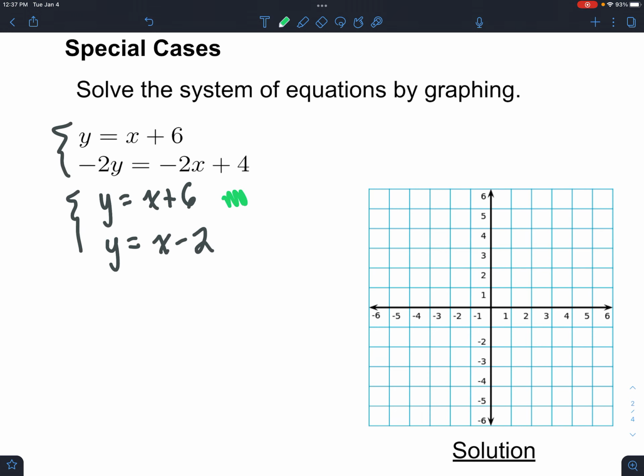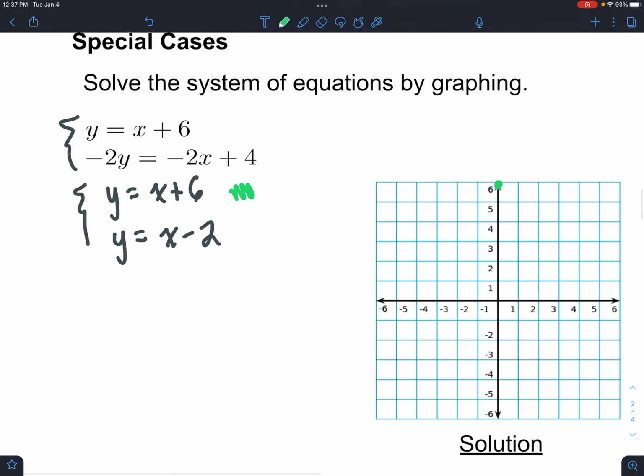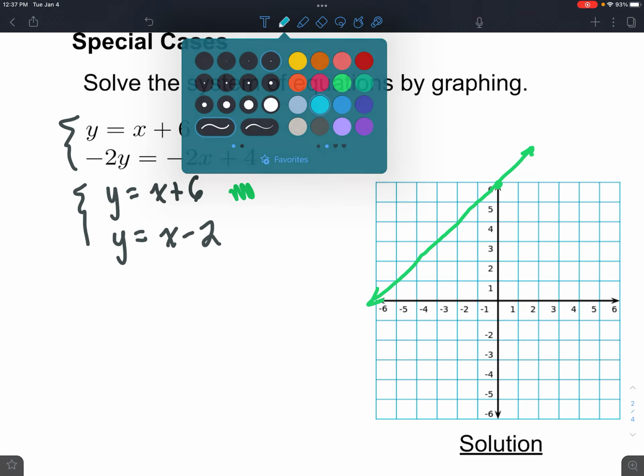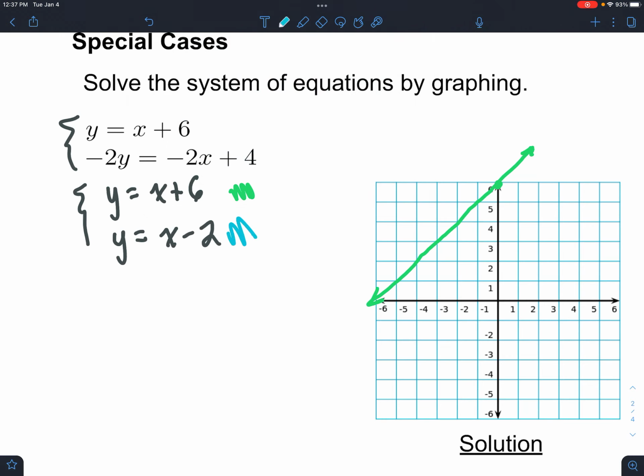So this line, the green one, starts at 6 and then just has this very up 1 over 1. You know, it hits every grid nicely like this. And then the same thing happens for this blue one, except it just starts down here at -2. Okay? So up 1 over 1, up 1 over 1.